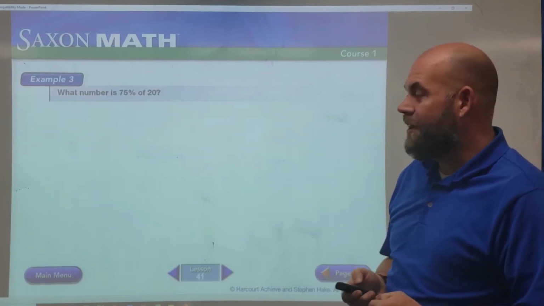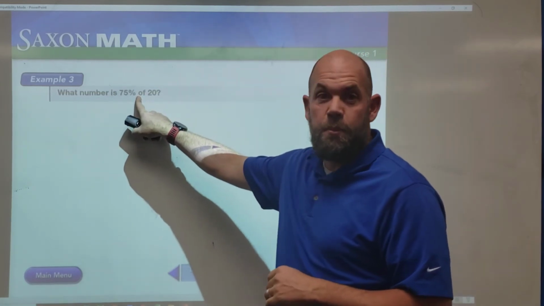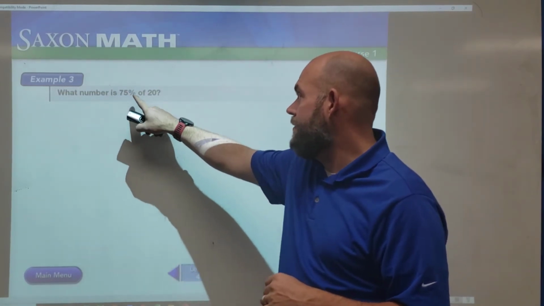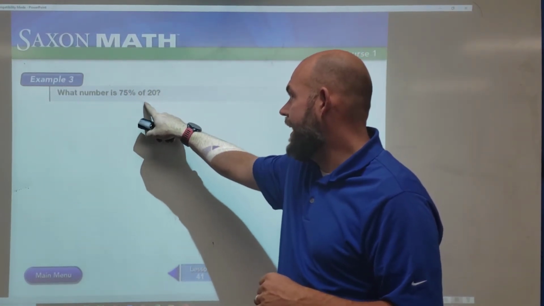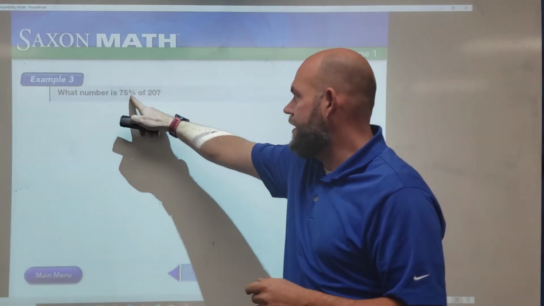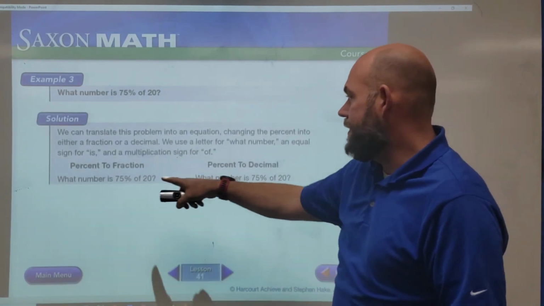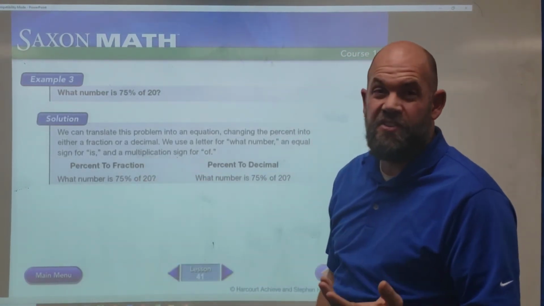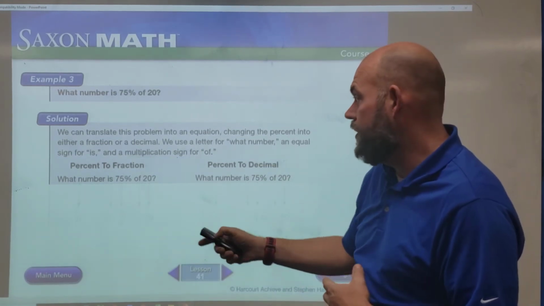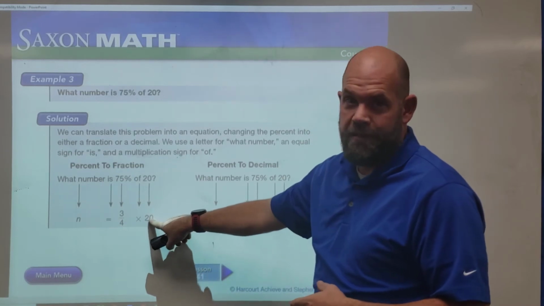What number is 75% of 20? Remember, the key word here is of. Of means multiply. So we can do 75% times 20. Now there's a few ways we can do that. If we're going to multiply a percent with a normal number, we need to put that into fraction form first. So we're going to take that 75% of 20, change it to 75 over 100, which reduces to 3/4, and then multiply that by 20.